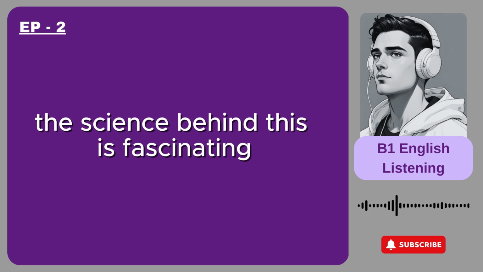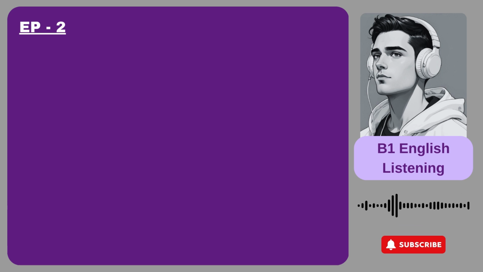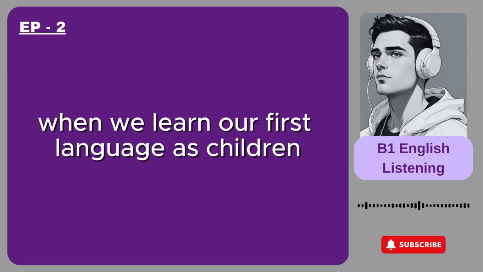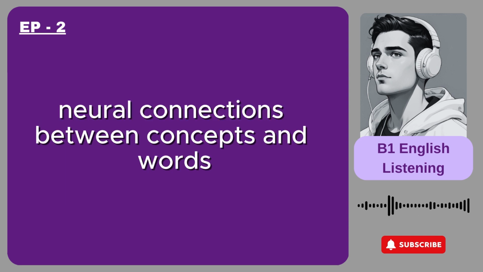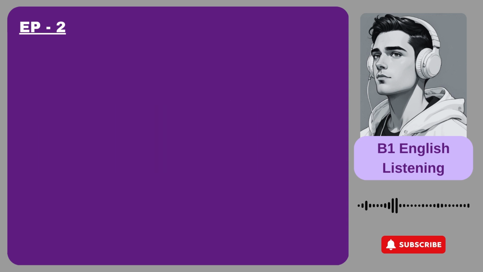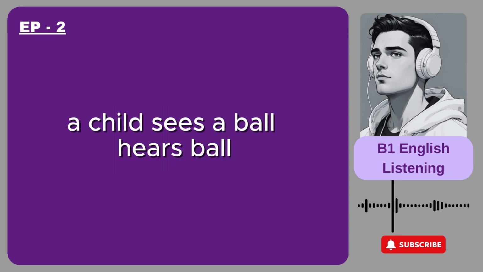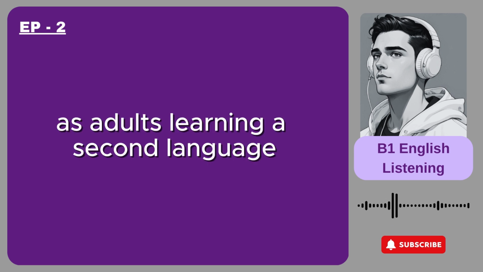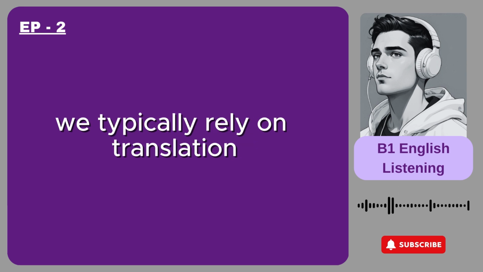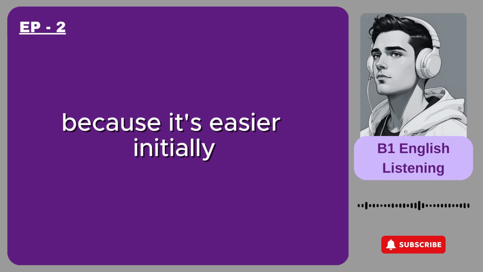The science behind this is fascinating. When we learn our first language as children, we form direct neural connections between concepts and words. A child sees a ball, hears "ball," and the connection forms. No translation is needed. As adults learning a second language, we typically rely on translation because it's easier initially.